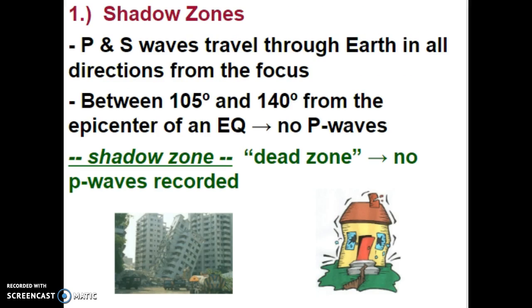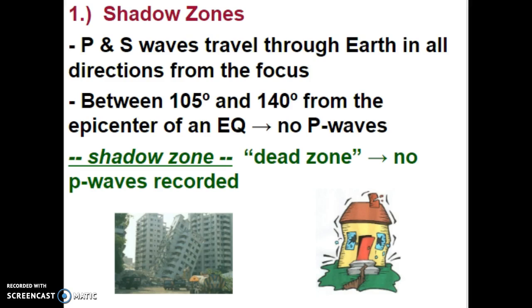Also, when seismic stations around the world record earthquakes, there are some stations that seem to not get any information. The primary and secondary waves travel through Earth in all directions from the focus. Remember, the focus happens underneath the surface, and all the waves come out in all directions, just like when you chuck a rock in a pond.